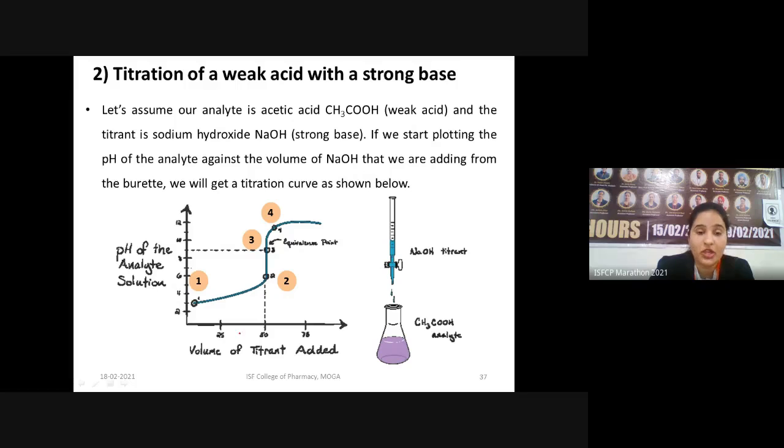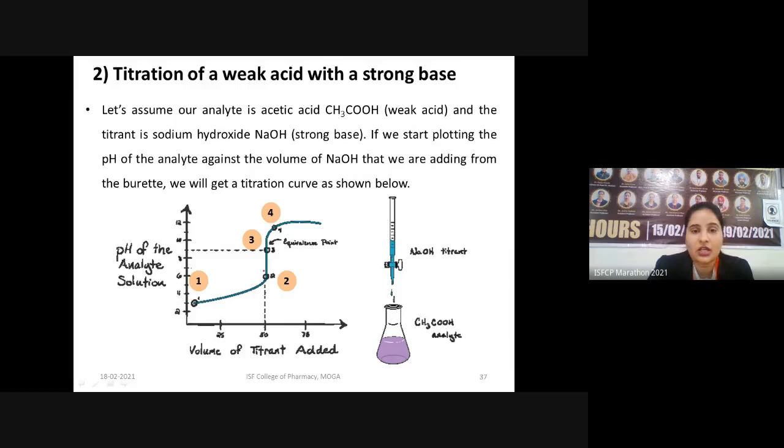When we perform this experiment, we will observe that as more and more titrant is added to the solution, the pH is increasing. As the volume of sodium hydroxide is increasing, as we are adding more and more sodium hydroxide solution into our analyte solution, the pH is again increasing.